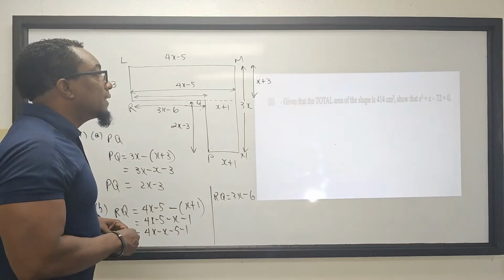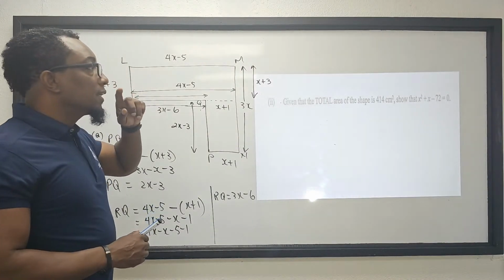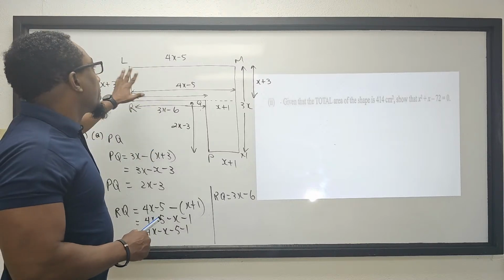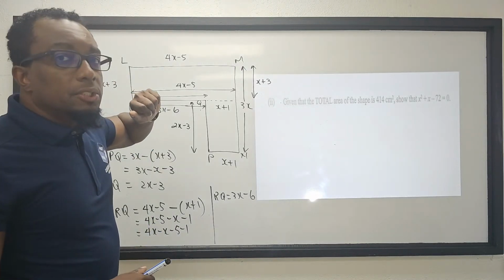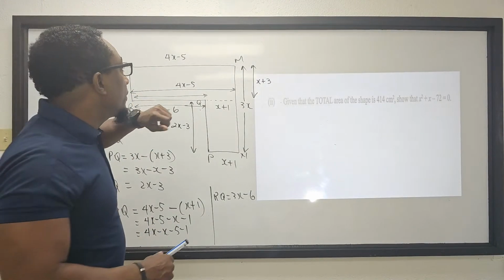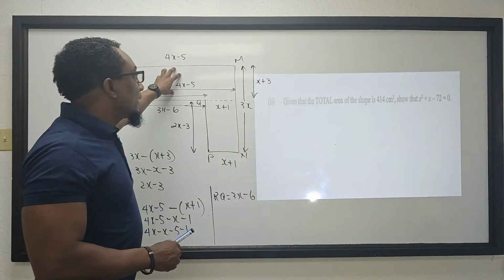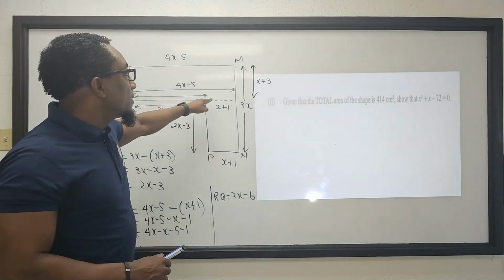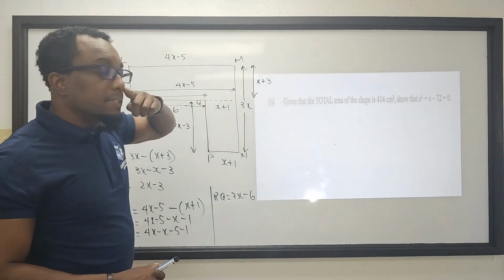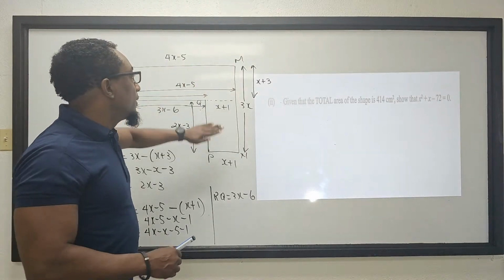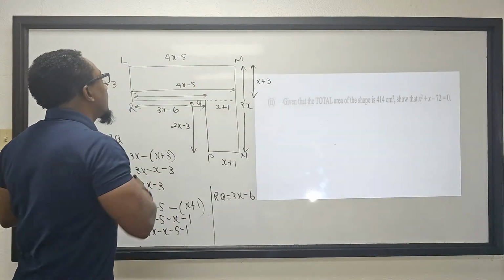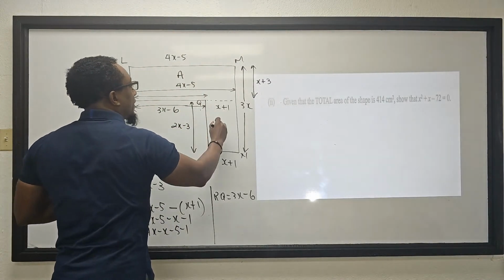So given the total area of the shape is 414 centimeters squared. The shape is a compound shape comprising 2 rectangles. I've drawn this dotted line here to separate it into 2 rectangles. This is one and this is another. So this is rectangle A and this is rectangle B.